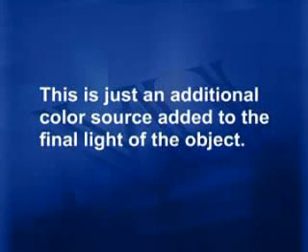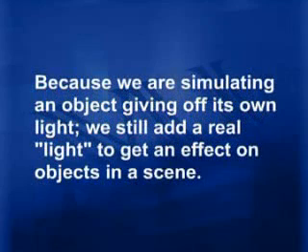So this is just an additional color source added to the final light of the object, since the concept is that we want the glowing effect to be given to an object. Because we are simulating an object giving off its own light, as if it is emitting it, we still add a real light to get an effect on the objects in the scene.